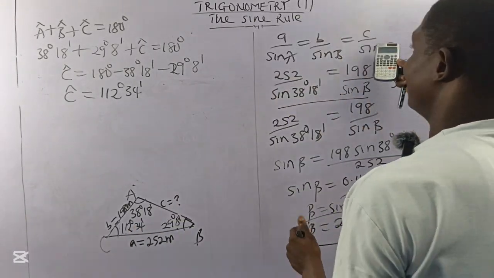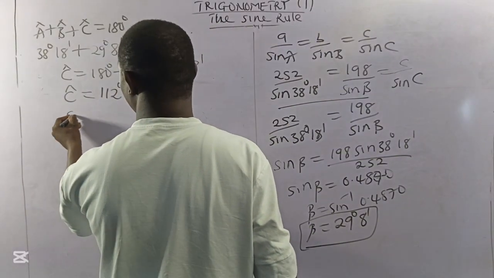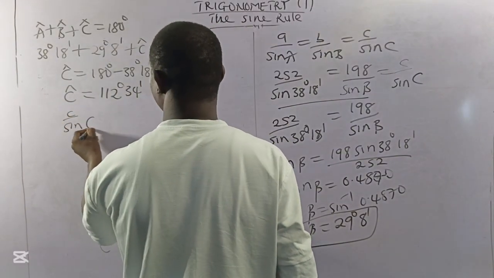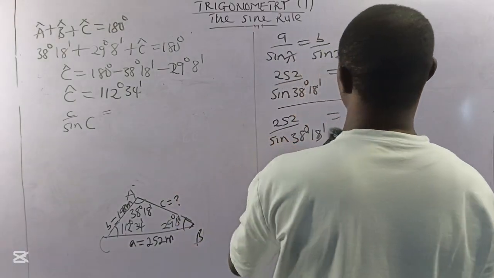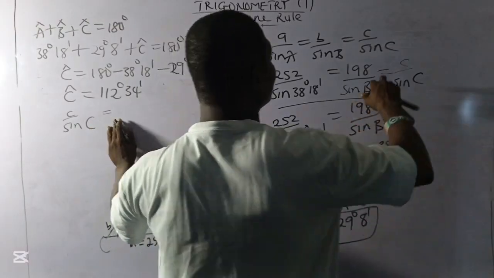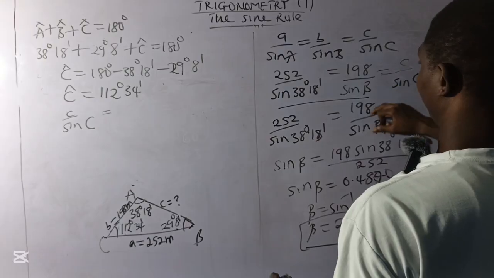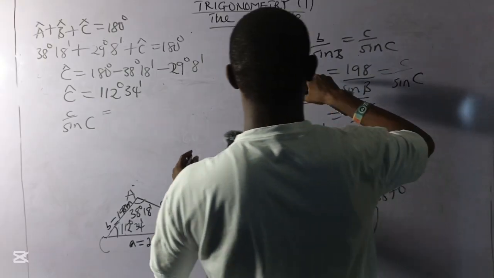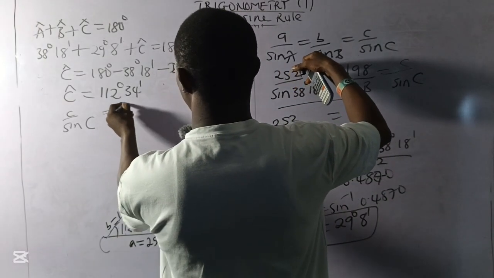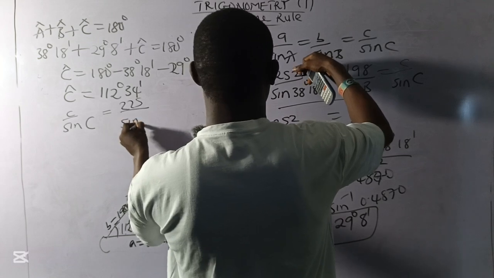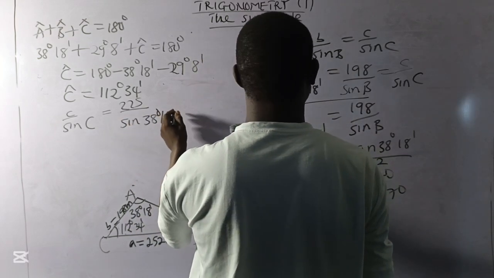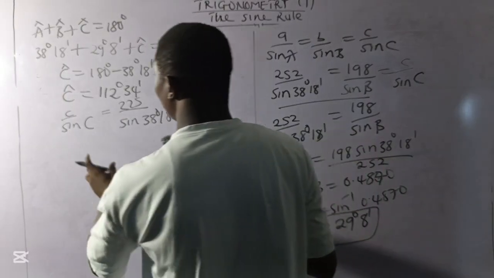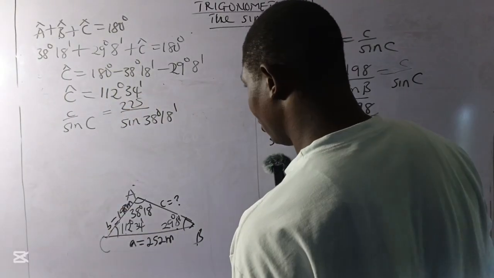How do I get C? I have small c over sine capital C to be equal to what? Which am I using? Equal to 225 for a, which is 225 all over sine 38 degrees 18 minutes. So what am I looking for? I've gotten my C already.